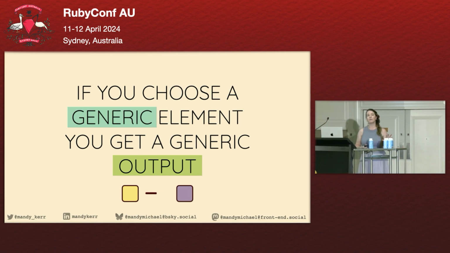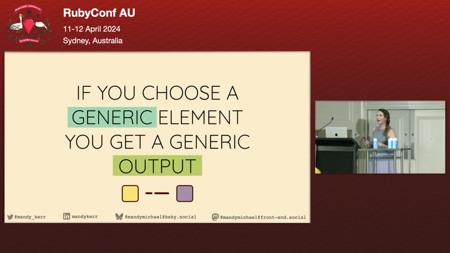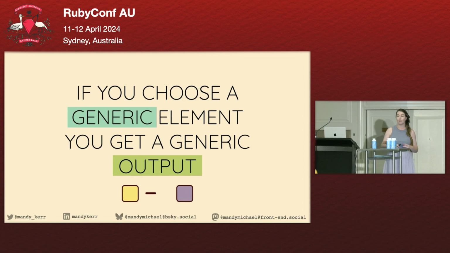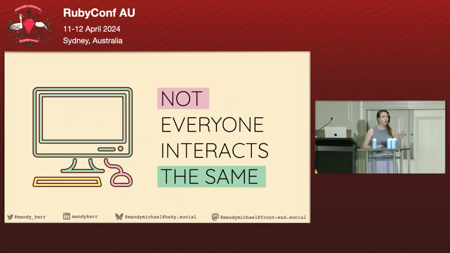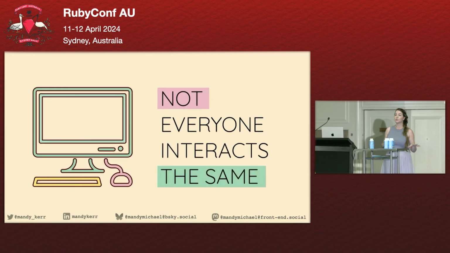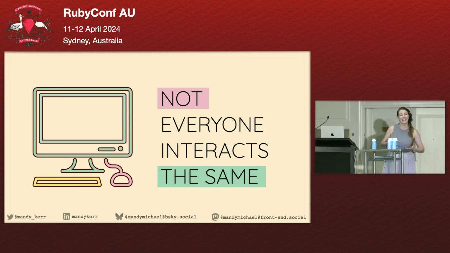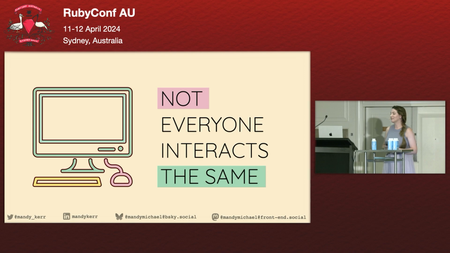And this generic output is hugely problematic for assistive technology, for accessibility, and other tech that tries to read our HTML to infer information about the page and content. Not everyone and everything is going to interact with your page the same way. There are many technologies that try to read and consume our content and rely on us using the language correctly in order for it to make sense.